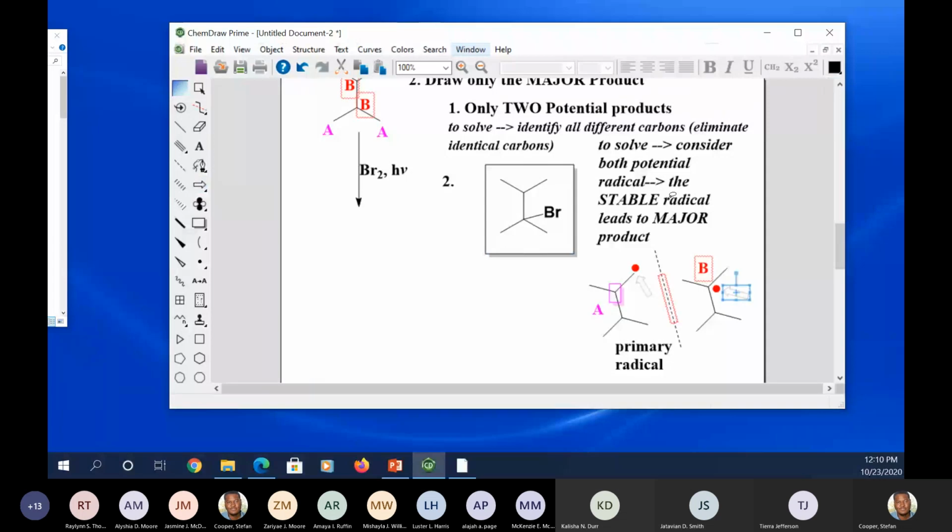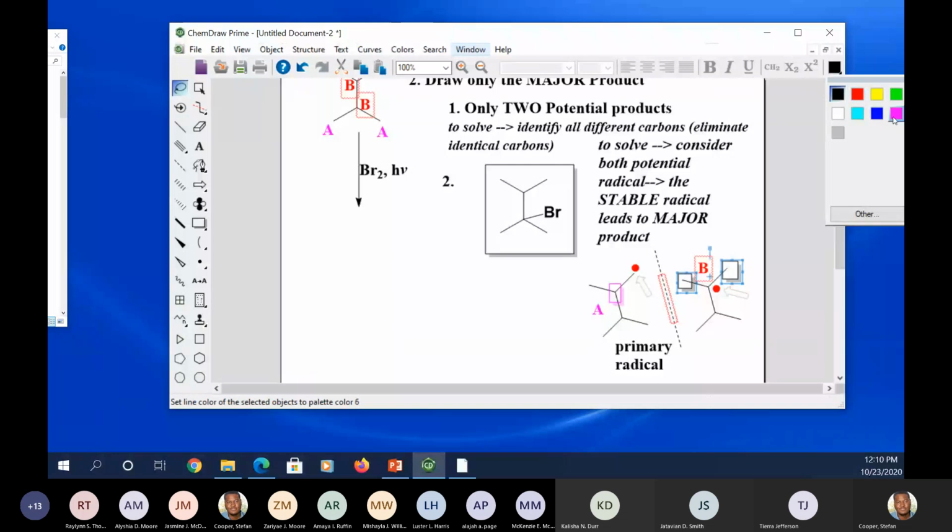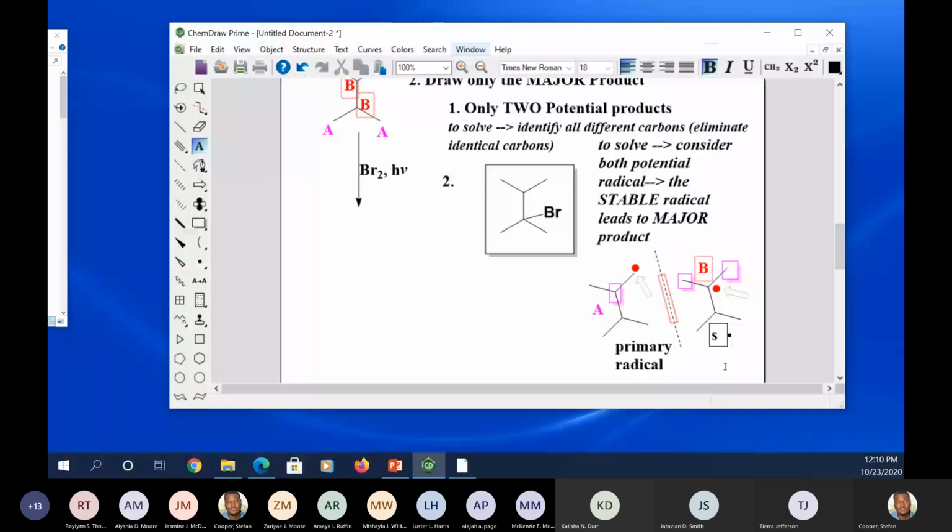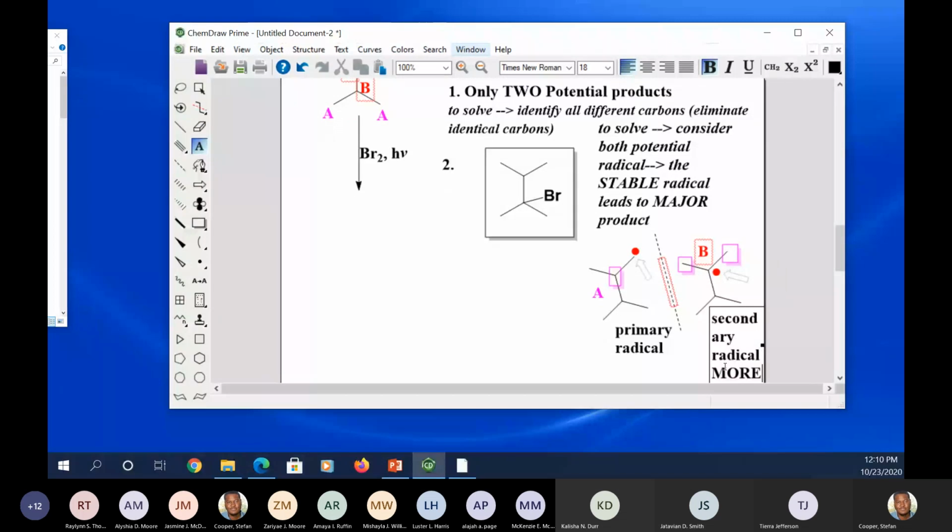That's right, it's going to be secondary because there are 2 carbons here. So which is more stable out of these two? That's right, the secondary is more stable.